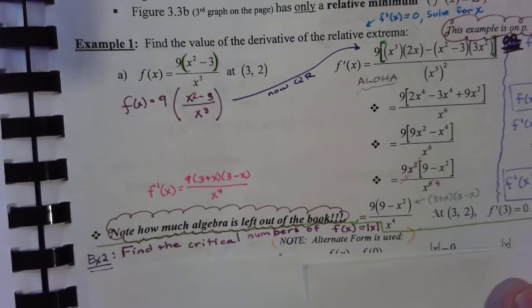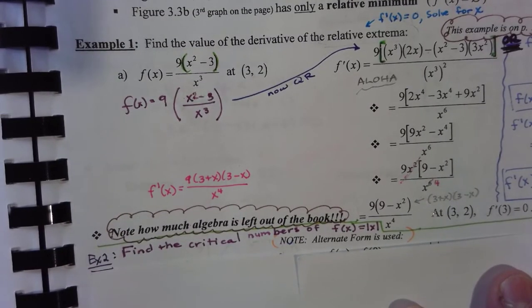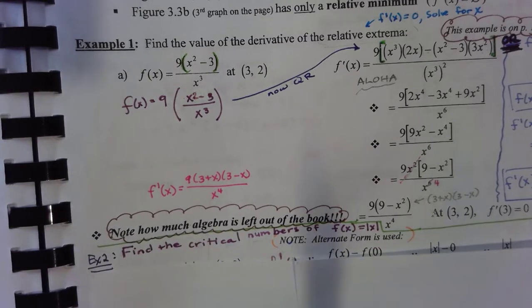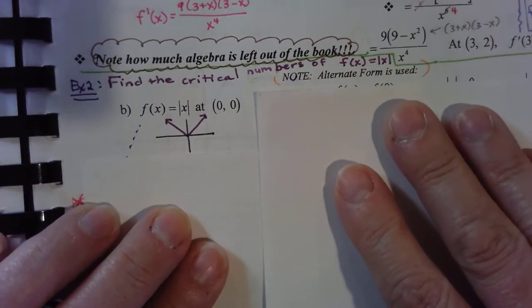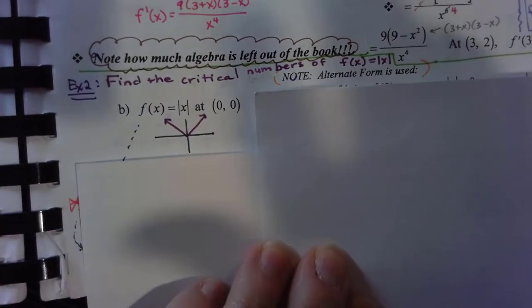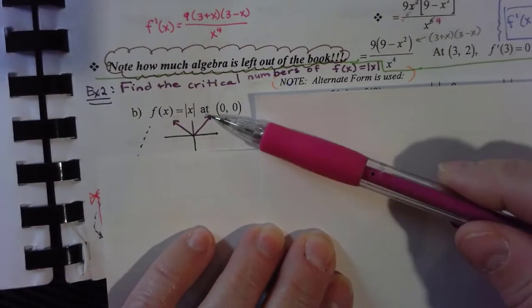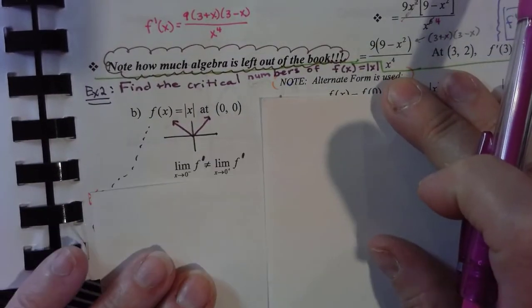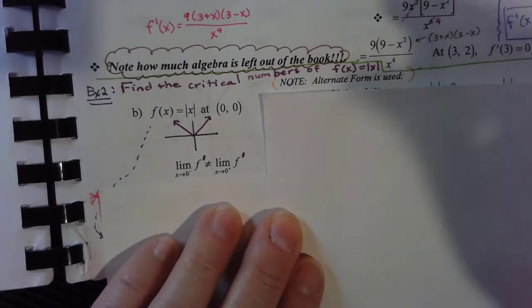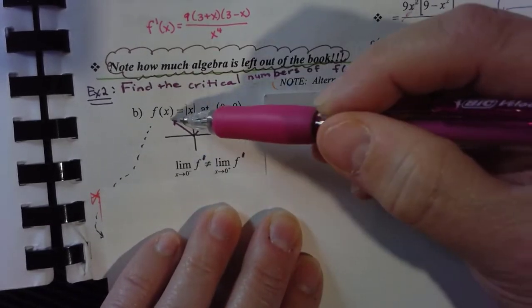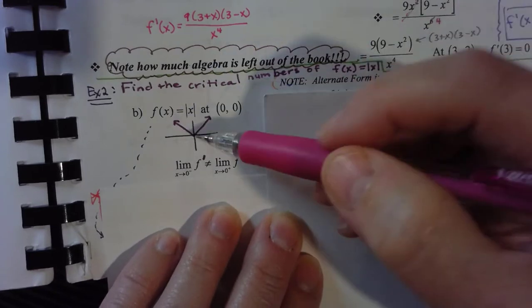Example 2. Find the critical numbers of f of x equals the absolute value of x. All right, we know that the absolute value of x looks like this. And I'm going to think about this from the left and the right. If you notice, from the left-hand side, that slope is -1, and from the right-hand side, that slope is +1.